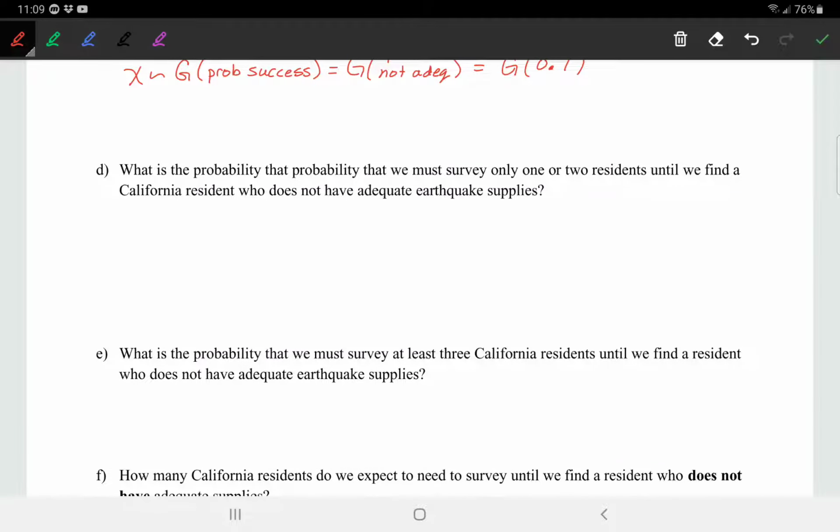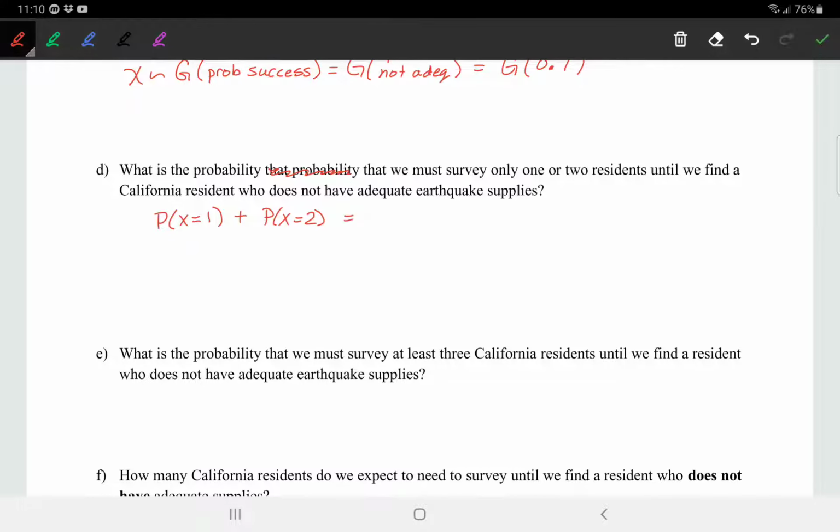All right, so what is the probability that we must survey only 1 or 2 residents until we find a California resident who does not have adequate supplies? So we could say that this is the probability that X is equal to 1, or that it took 2 people.